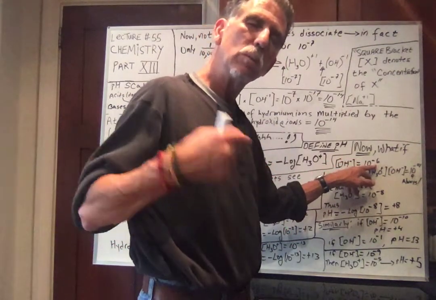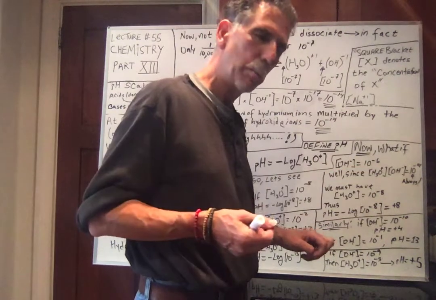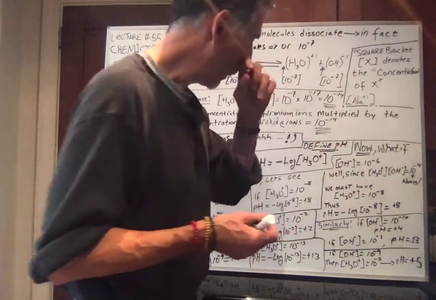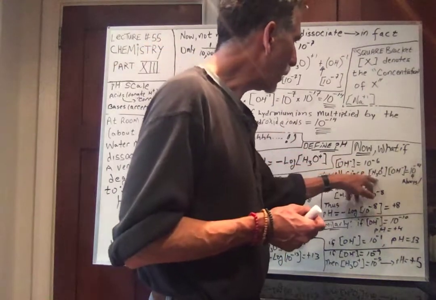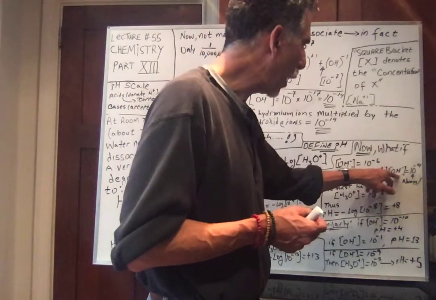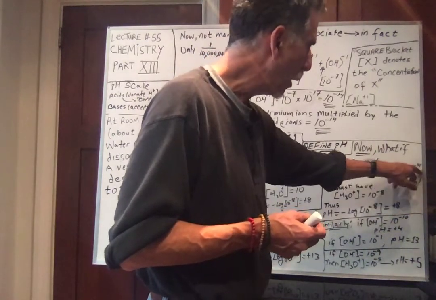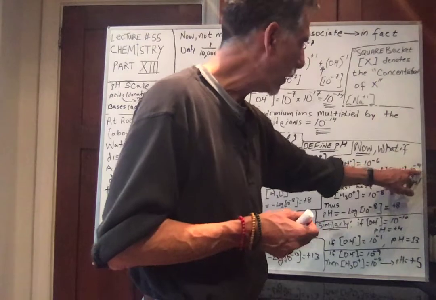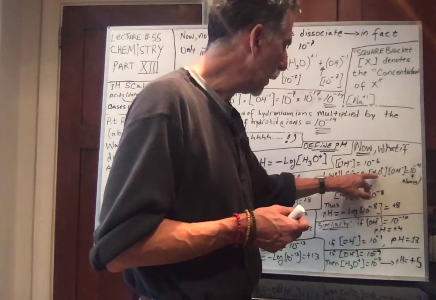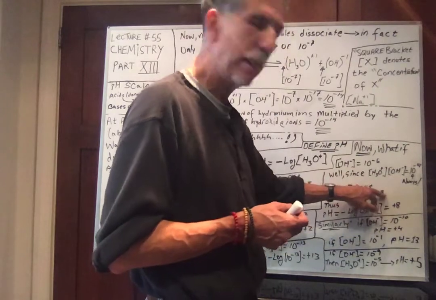I'm not telling you directly the concentration of hydronium ions, but I am telling you the concentration of hydroxide ions. Since the hydronium times the hydroxide concentrations must be 10 to the minus 14, the hydronium concentration must be 10 to the minus 8.